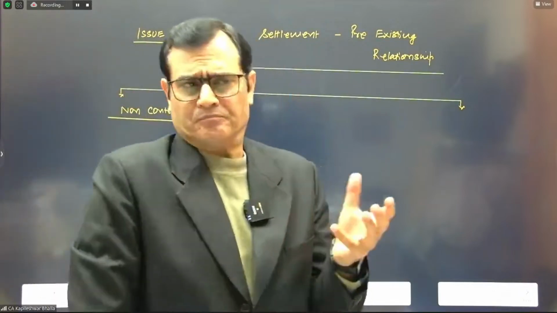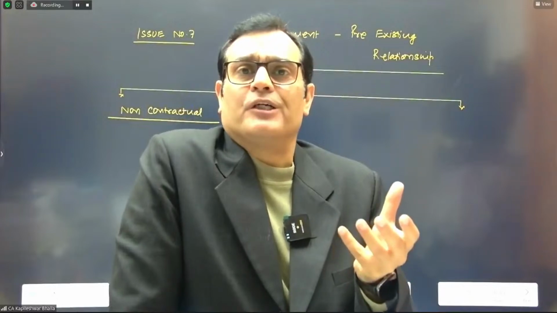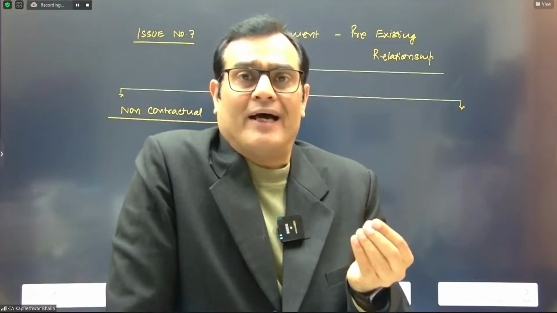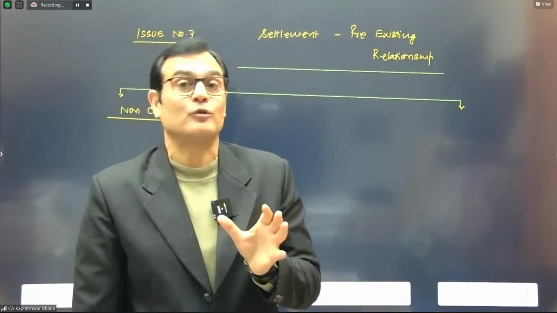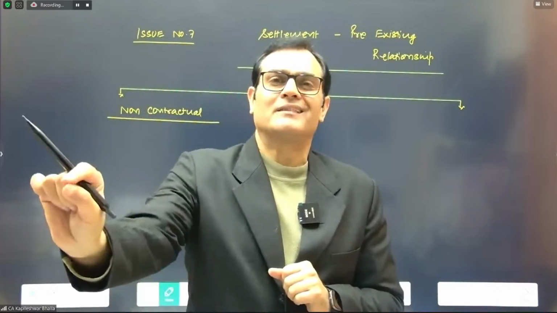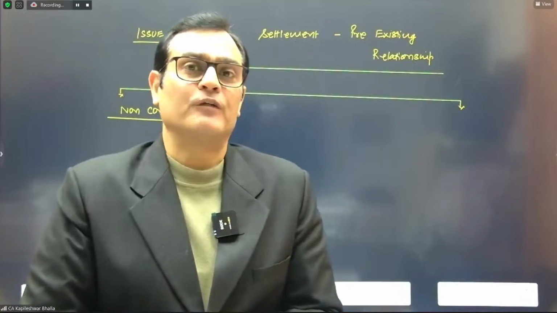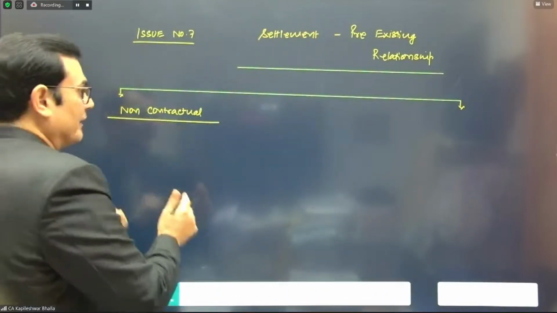Well, simply, if there is a plaintiff defendant kind of a situation, a court case between the acquirer and the acquiree, it gives rise to a non-contractual relationship. So when you read the facts of the case, you understand that there has been a court case between the two. It's a case of a plaintiff and defendant. It becomes something which is non-contractual.